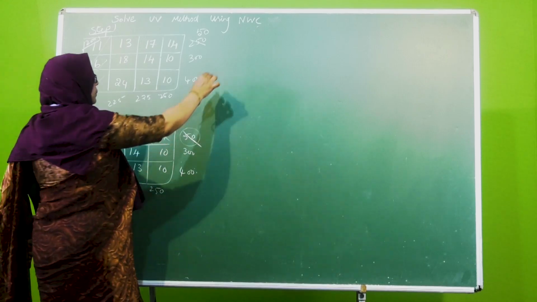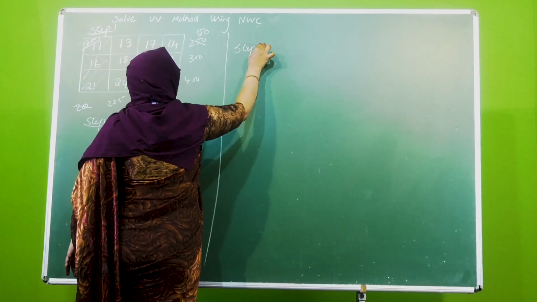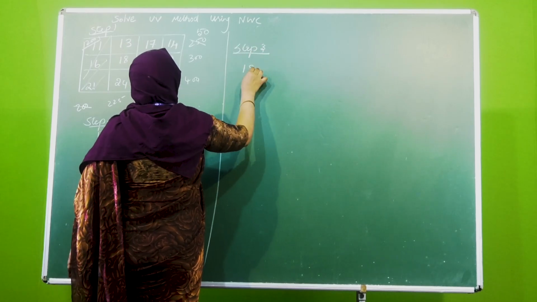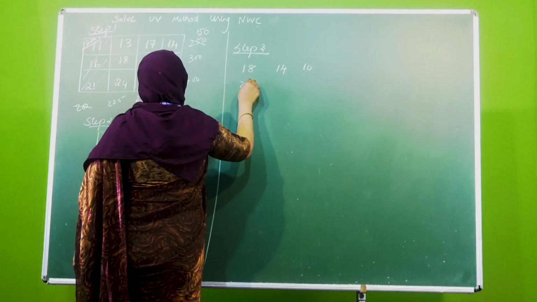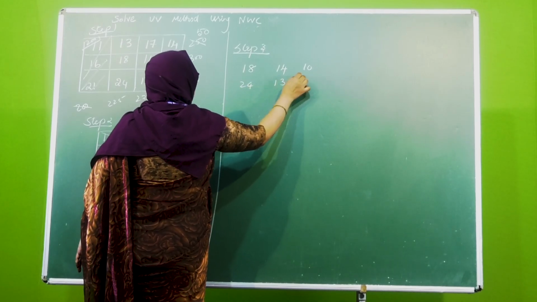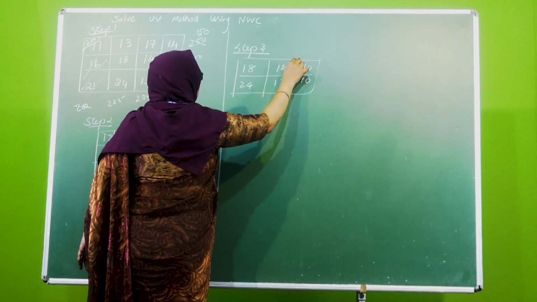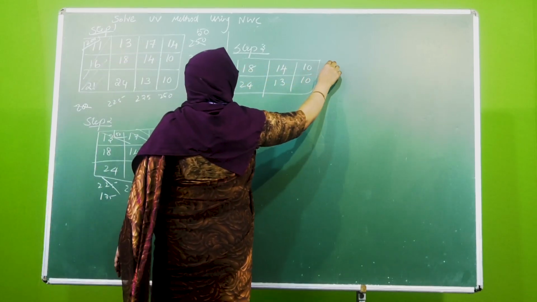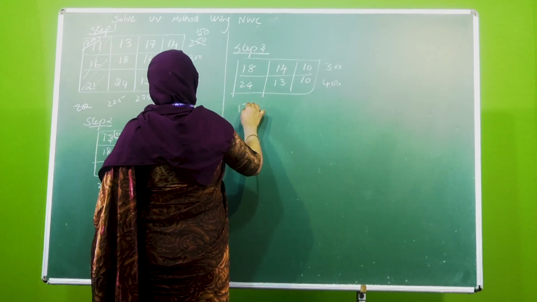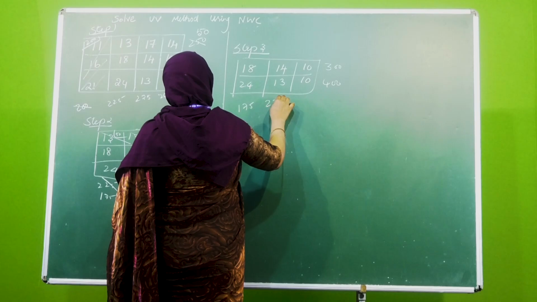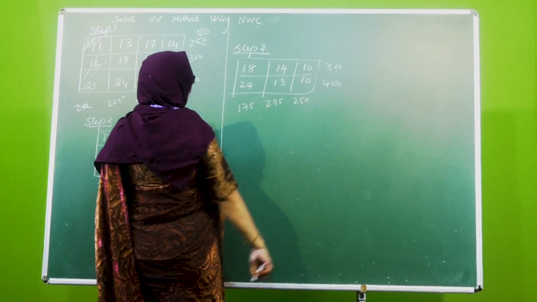In step 3, the remaining elements are 18, 14, 10 and 24, 13, 10. The row elements are 300 and 400, and the column elements are 175, 275 and 250.